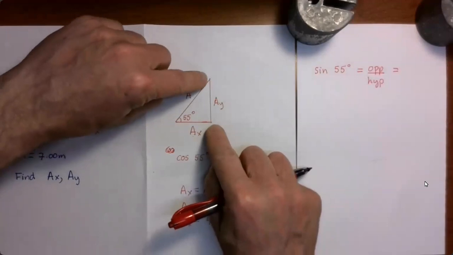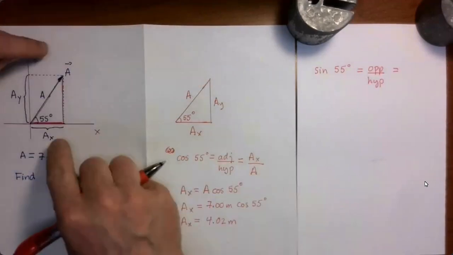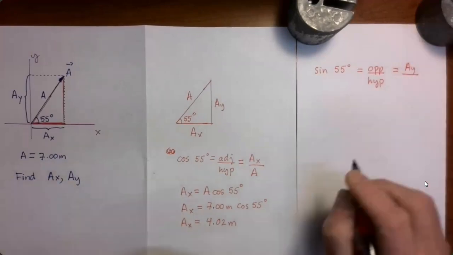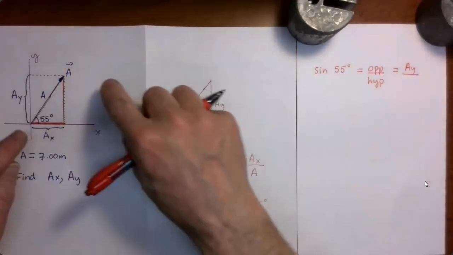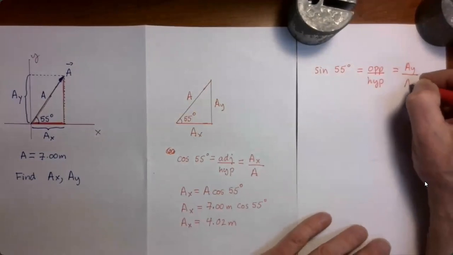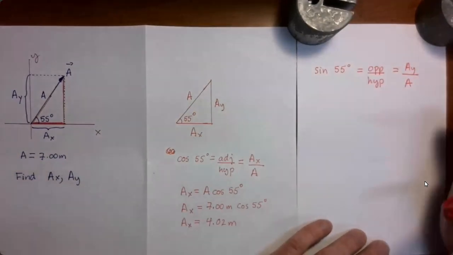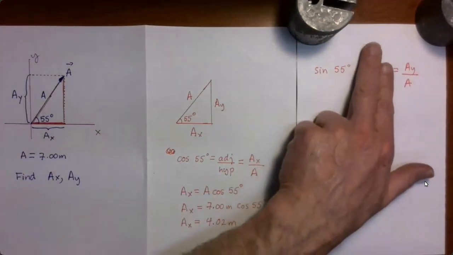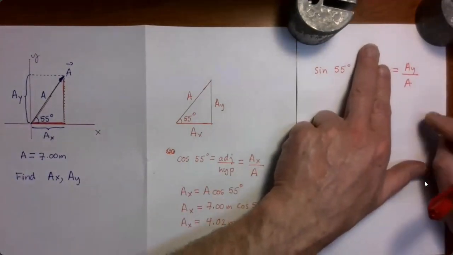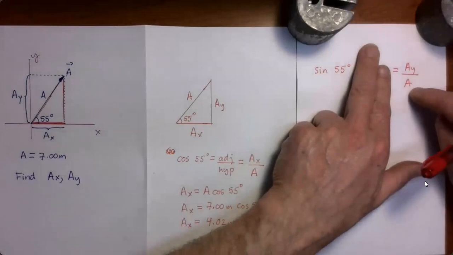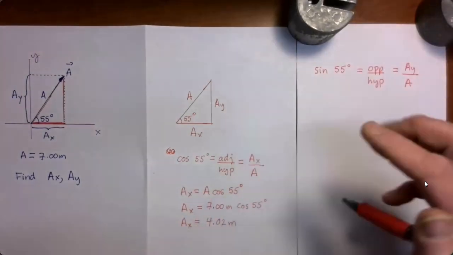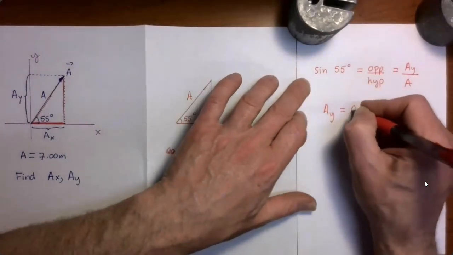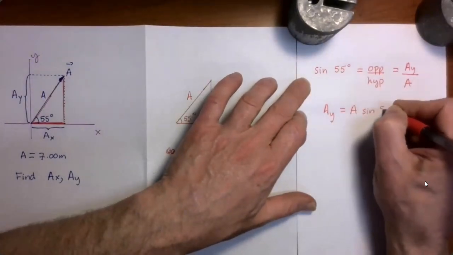Okay, looking at the triangle, the length of the opposite side is the same as the y component of the vector. The length of the hypotenuse is the same as the magnitude of the vector. You can see that we can solve for A sub y here. Okay, so let's say I just cover up that part in the middle and just do algebra on this. Take A, move it up to here, switch sides, and we then have A sub y equals A sine 55.